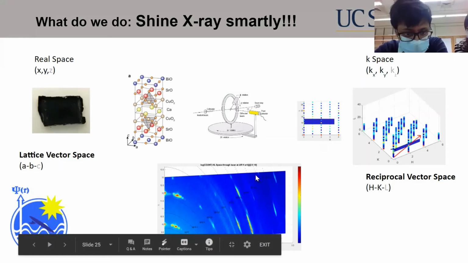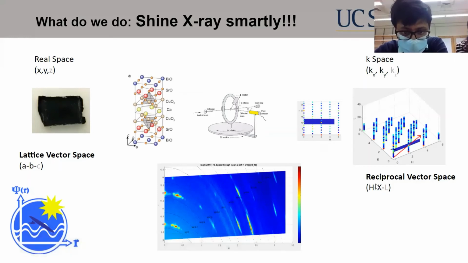We also see at H equal to 2 the 10 and 12, but they are kind of smooshed. We see a new peak at H equal to 2.4 or so, and L equal to 10. And there are so many things other than that.